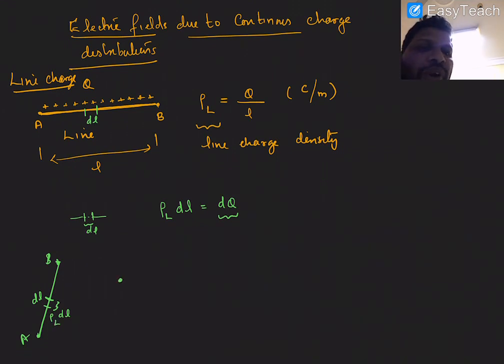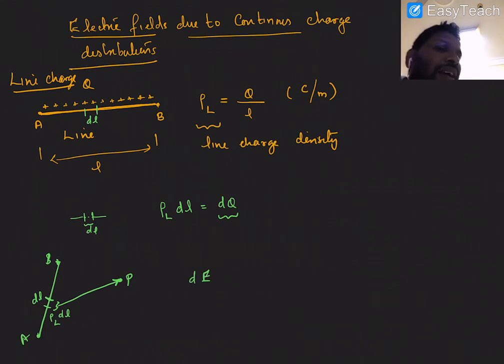Now at some point, let's say point P, the electric field due to this rho L into dl, the differential element, you know the equation for the electric field.